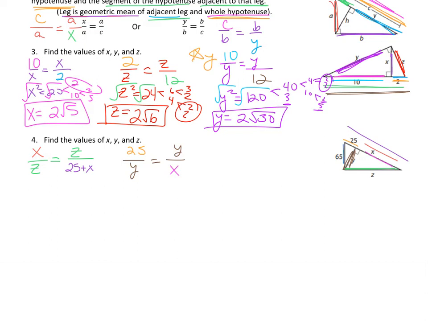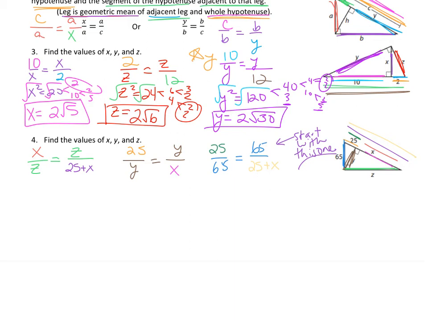The other leg is the geometric mean of the side that is closest to it, that would be the 25, and then the whole hypotenuse, so that would be 25 plus x. Now if you notice on this one, we can solve it for x because there's only x in this proportion, so this is the one we're going to start with.